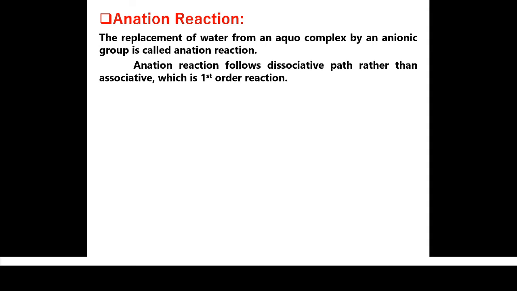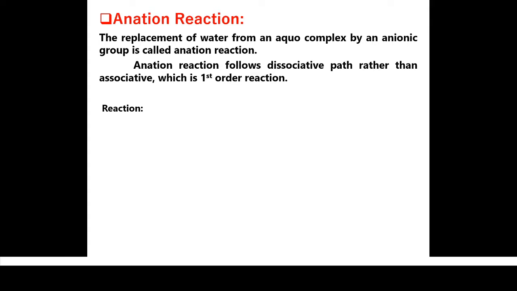And anation reaction follows dissociative path rather than associative path. What is dissociative path? We have already discussed in depth. Dissociative means SN1 path, that is substitution nucleophilic unimolecular mechanism rather than substitution nucleophilic bimolecular mechanism, and which follows first order reaction.